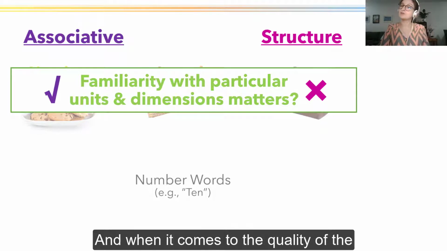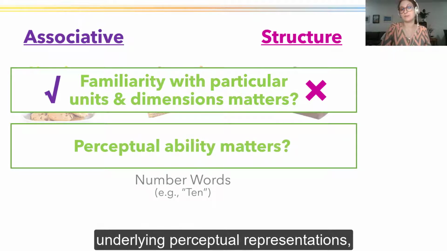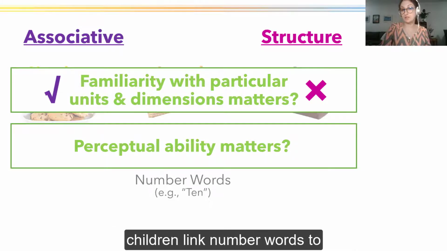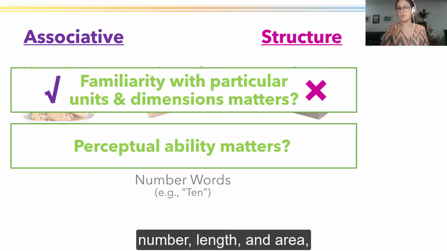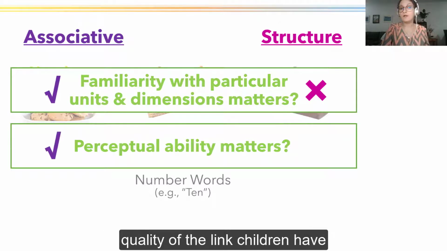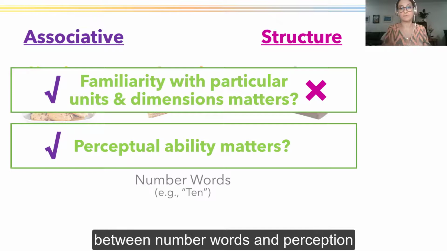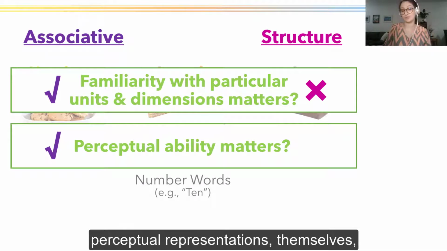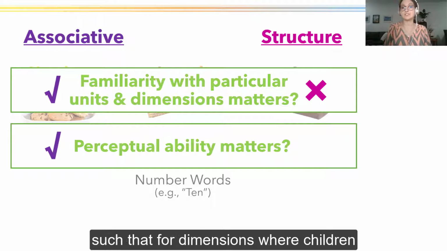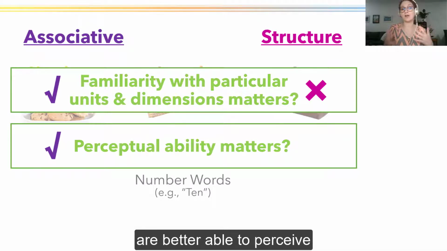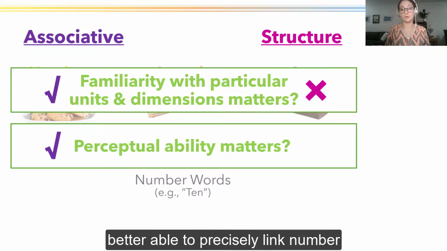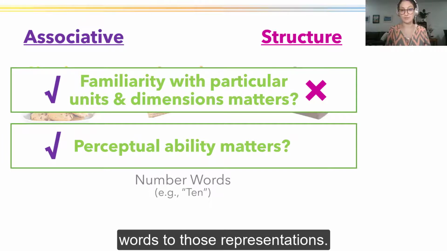And when it comes to the quality of the underlying perceptual representations, if associative mapping underlies how children link number words to number, length, and area, then we should also expect that the quality of the link children have between number words and perception to depend on the quality of the underlying perceptual representations themselves, such that for dimensions where children are better able to perceive fine distinctions in quantity, they are also better able to precisely link number words to those representations.